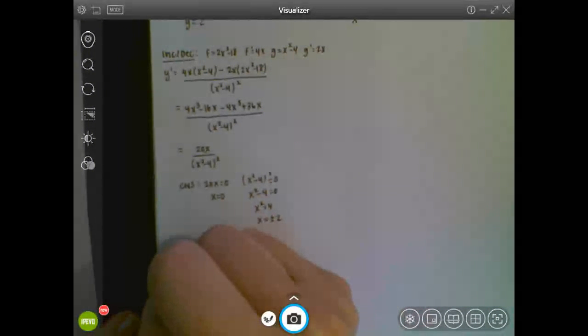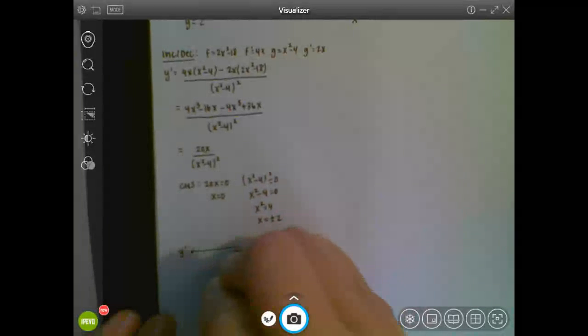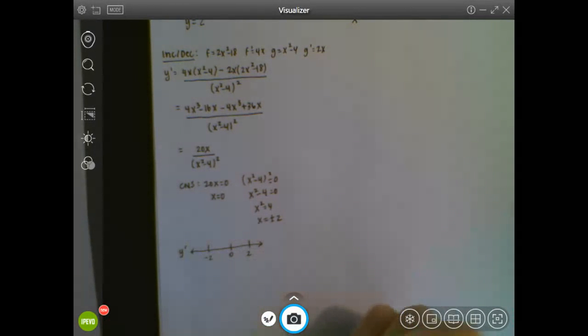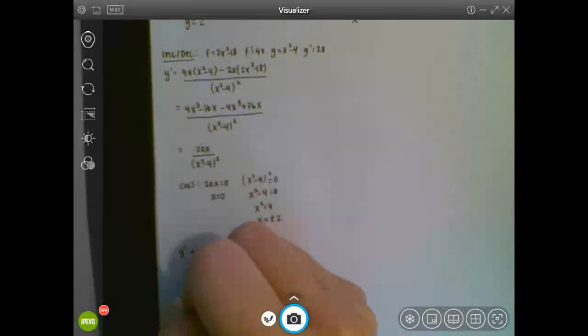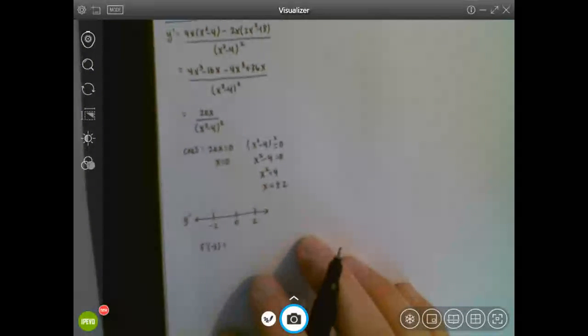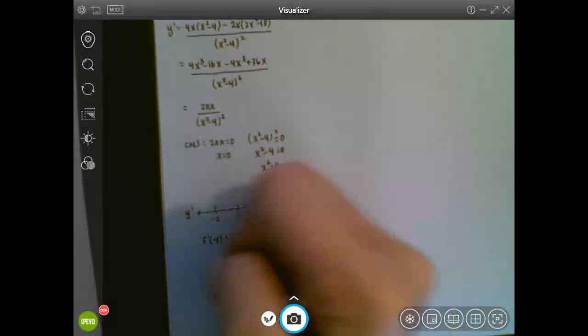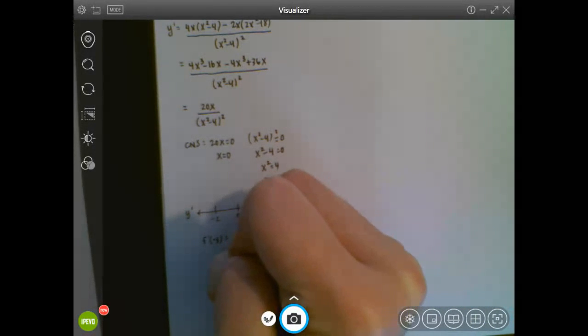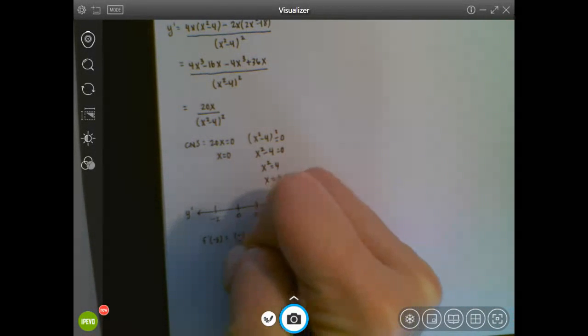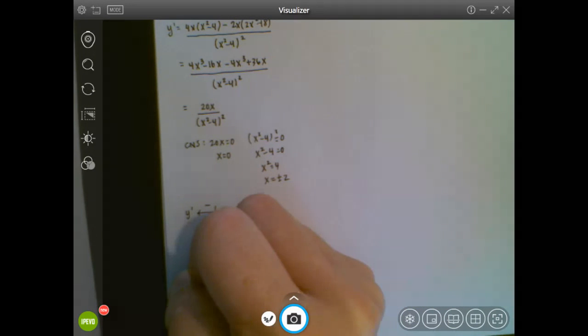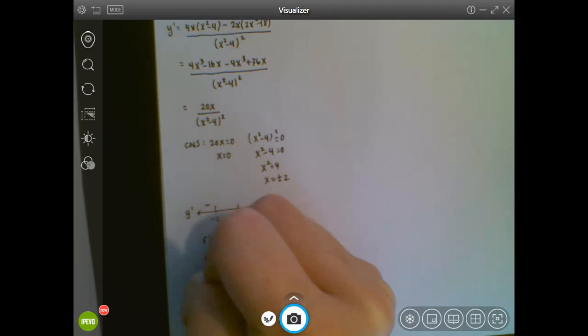So I'll go ahead and set up a number line for y prime here. And then I'll go through and just test some values. So I'll do -3. I'm just going to go ahead and put that in my derivative up here. Again, I'm just looking for pluses and minuses. So numerator is going to be minus, denominator will be a plus. I'll test -1.